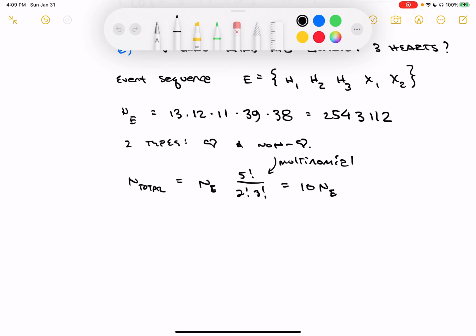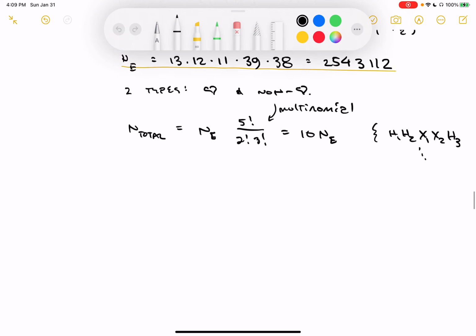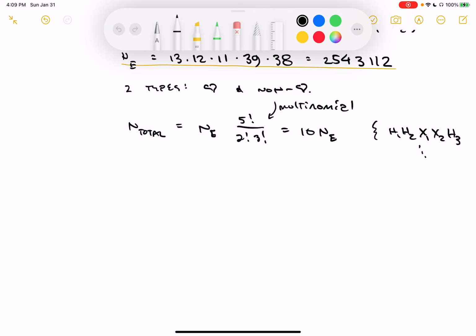You could think of that as heart 1, heart 2, x1, x2, heart 3, and a bunch of others in there. So we're just adding all of these up. That was done through a multinomial coefficient. So the n total here is going to be equal to 2,543,120. That's the total number of outcomes equivalent to E.